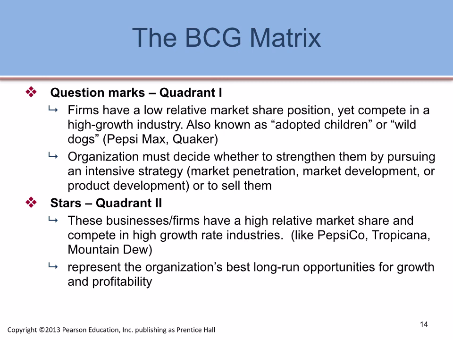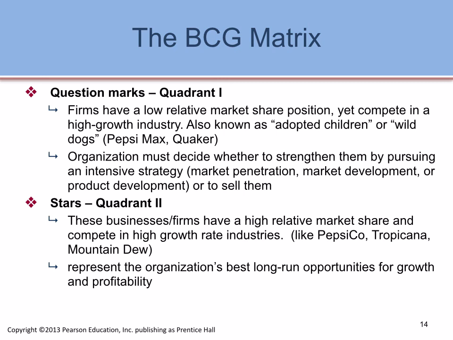Question marks are growing rapidly and thus consume a large amount of cash because they have low market share, since they do not generate much cash. The result is a large net cash consumption. The overall result for the firm is a large net cash consumption.